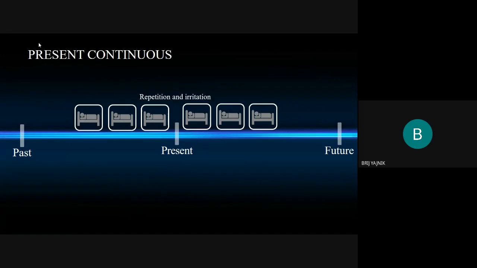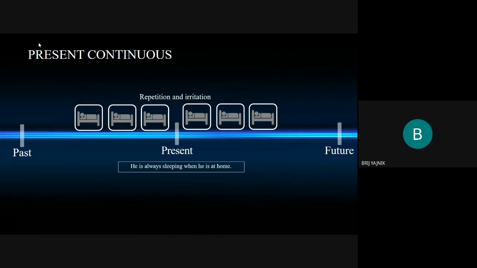So one very special use of present continuous tense is to complain, right? Look at the way I'm complaining. He's always sleeping when he's at home. All right, this must be my wife telling other people about me. So yeah, when he's at home, he's always sleeping. Look at the word always.